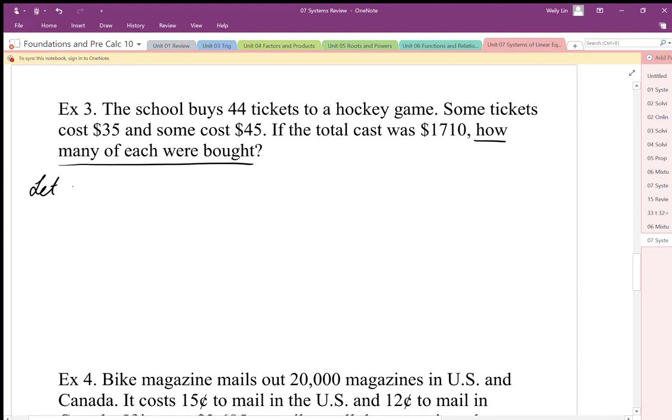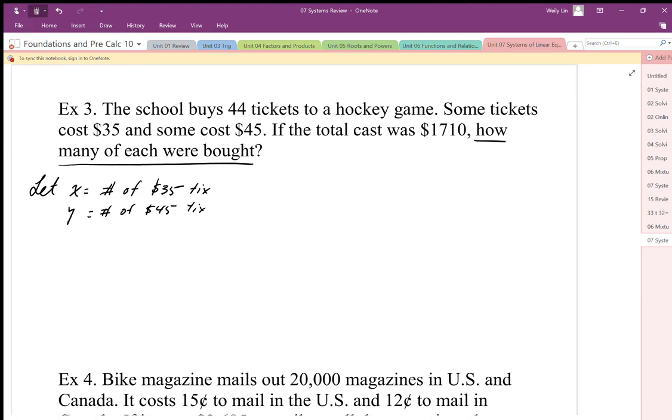So we're going to let x equal the number of $35 tickets, and we'll let y equal the number of $45 tickets. The quantity, how many of each were bought, is what our variables are going to represent.